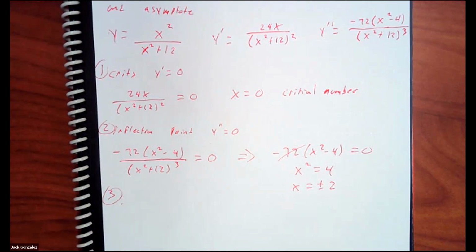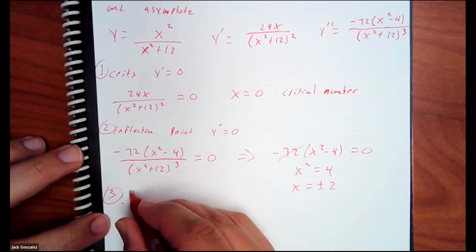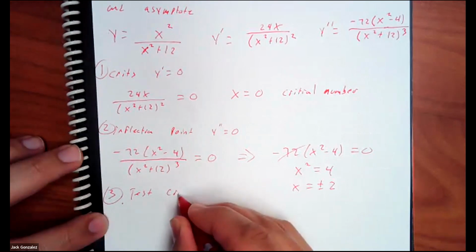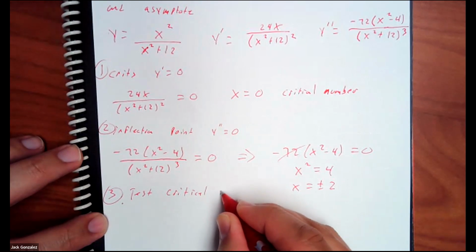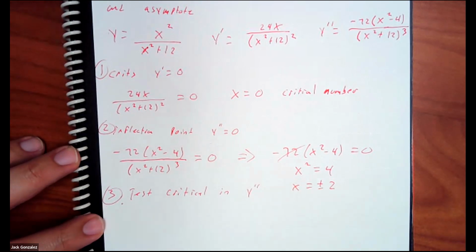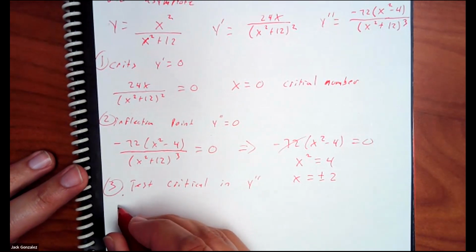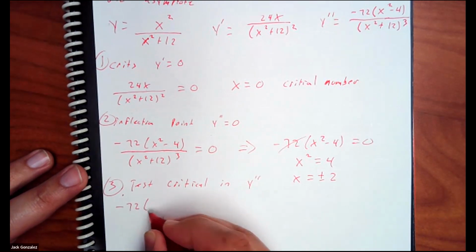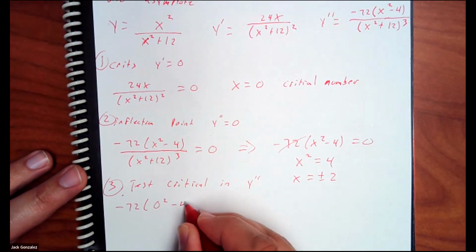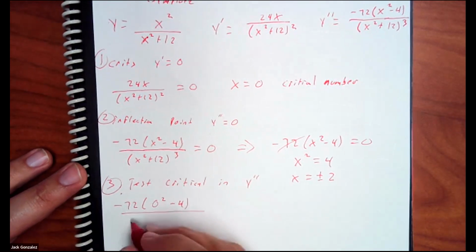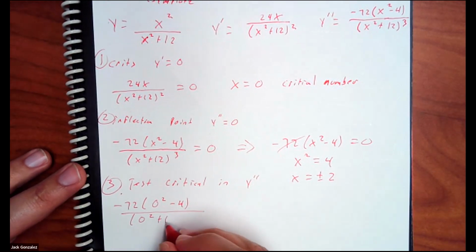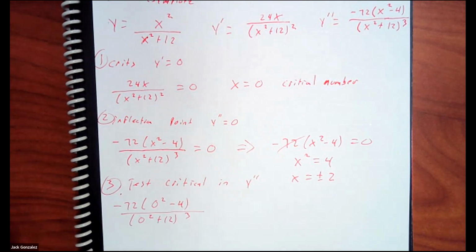Too much going on here. So now let's test the critical number in y double prime. So we're going to use the second derivative test here. So negative 72 times 0 squared minus 4 over 0 squared plus 12 cubed.